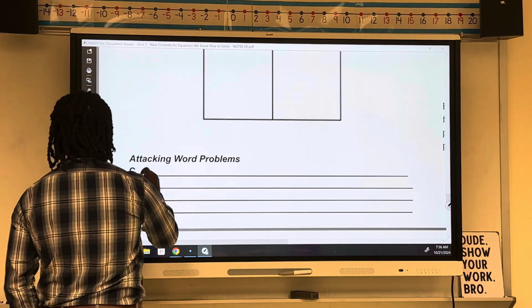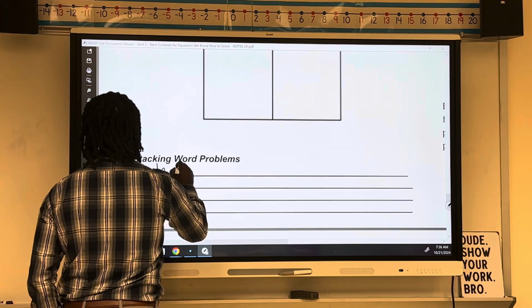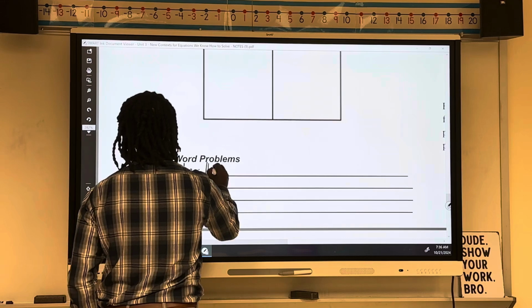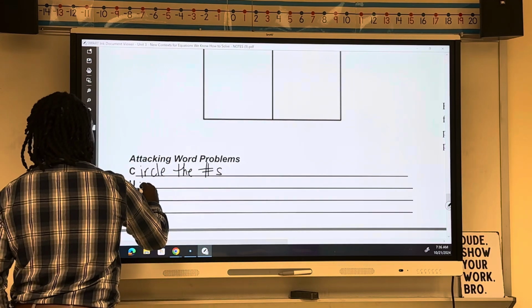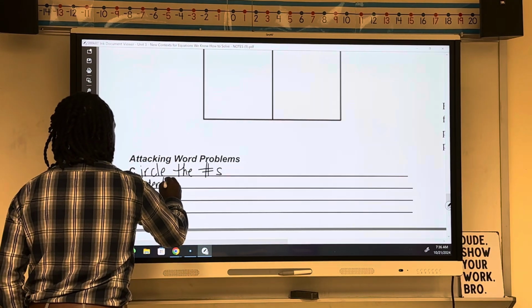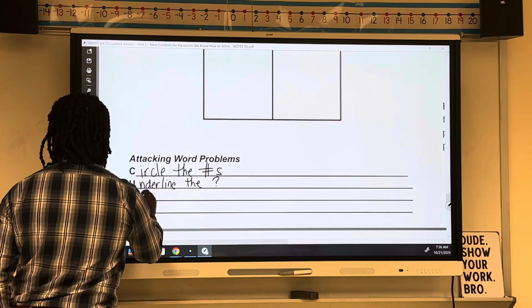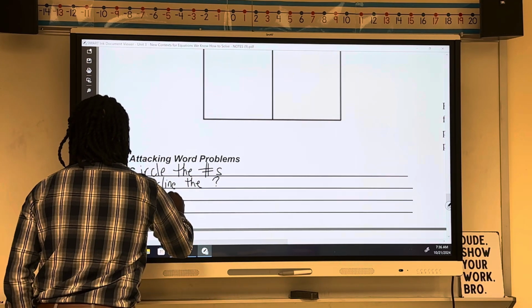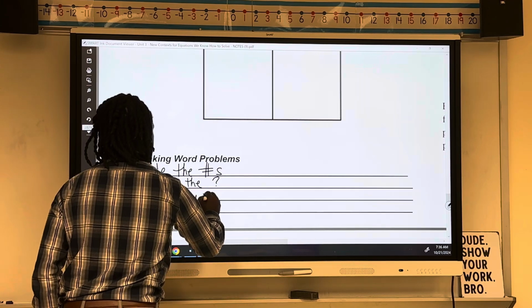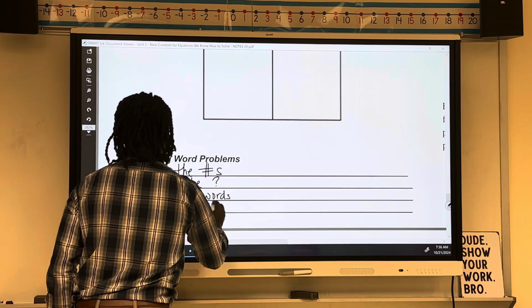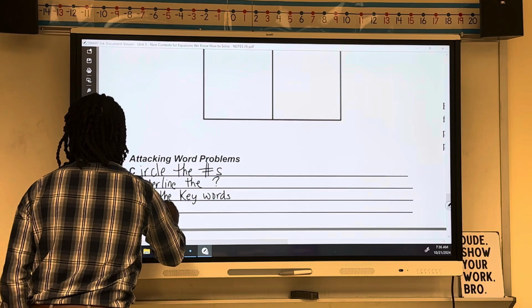The C stands for circle the numbers. The U stands for underline the question. The B stands for box the key words. And the S stands for solve the problem.